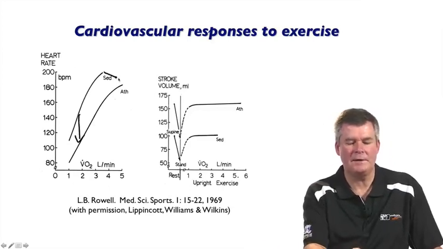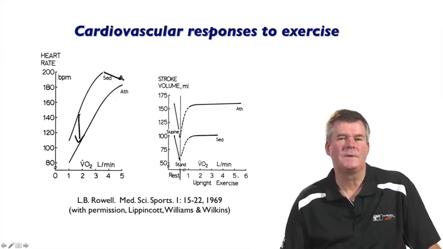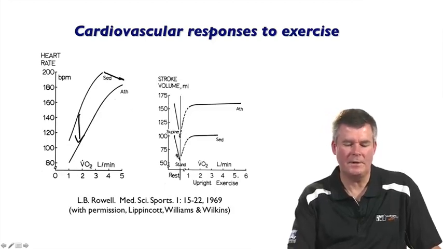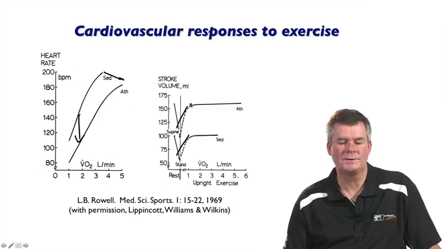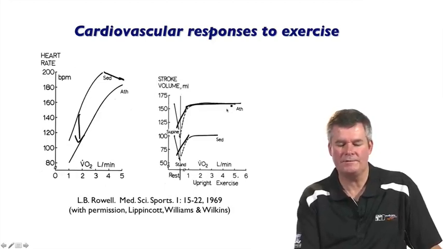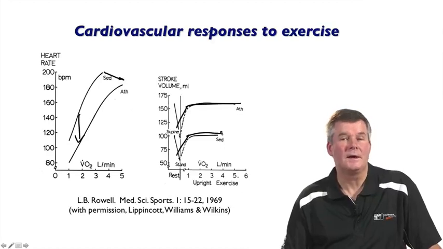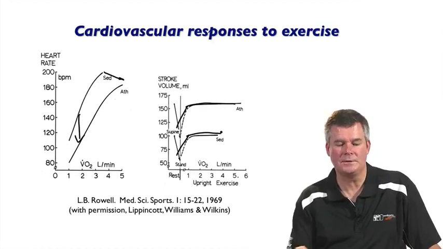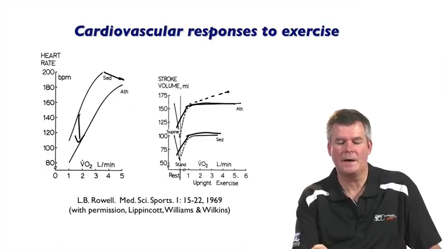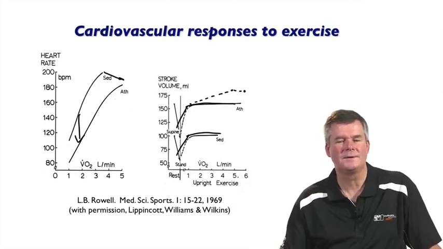Maximal heart rate, if anything, might be slightly lower in an athletic group or unchanged. Stroke volume will increase in the early part of exercise in both groups, and then it tends to level off at moderate exercise intensities. There have been some studies suggesting, certainly in athletic populations, that stroke volume might continue to increase until leveling off at a higher exercise intensity.